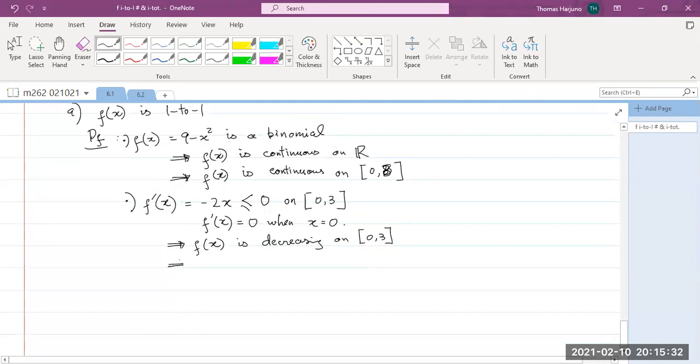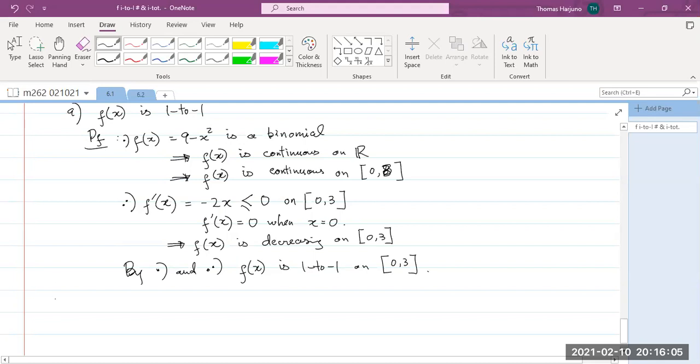Consequently, putting together those two, by 1 and 2, f(x) is 1-to-1 on that interval 0 to 3.